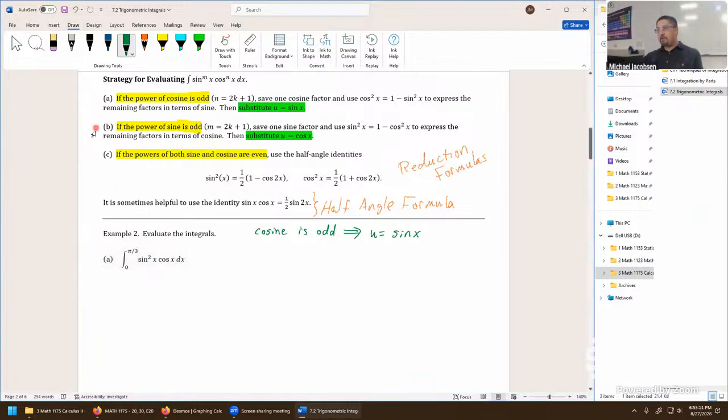And like I mentioned earlier, if you don't care for that strategy, trial and error works just as well. Sometimes you can stare at this for a few moments and determine, yeah, sine x is the only one that's going to work. Because when you take the differential, du, you get cosine x dx. And cosine x dx is right there in your integrand.